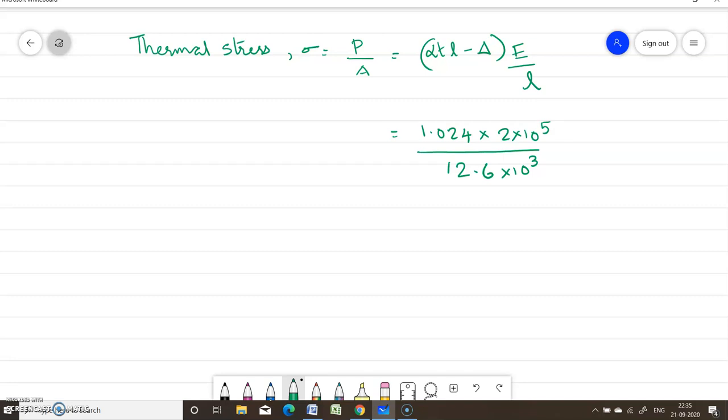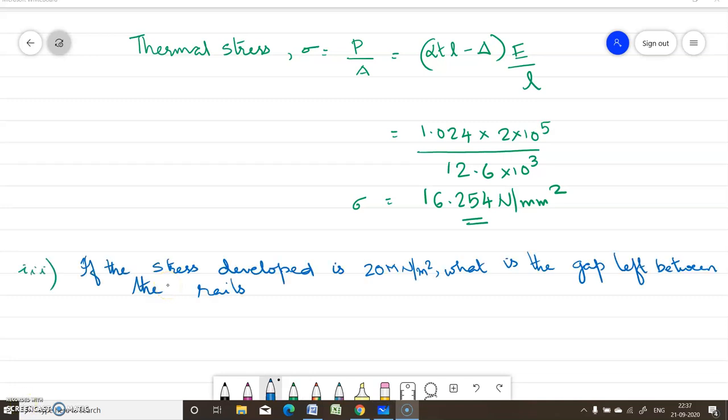So you will get the temperature stress P by A is equal to 16.254 Newton per millimeter square. Okay.